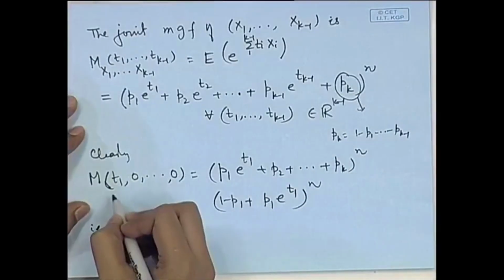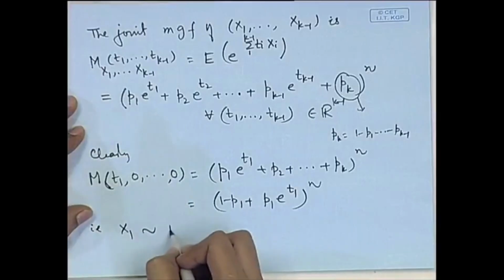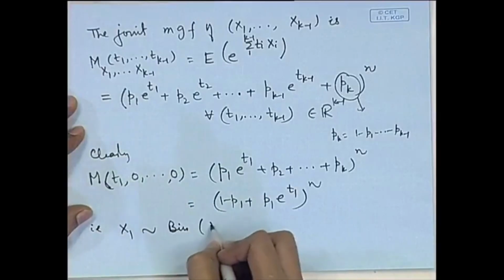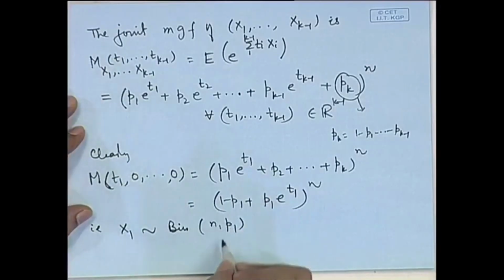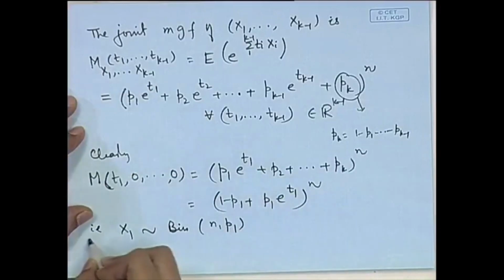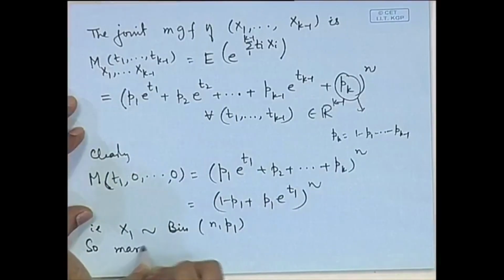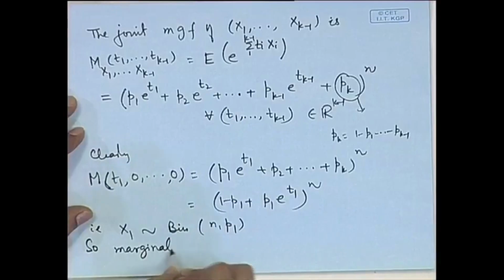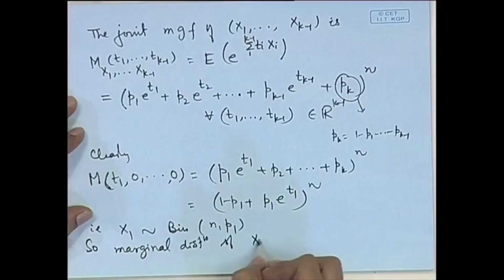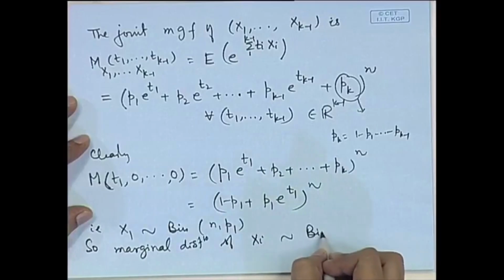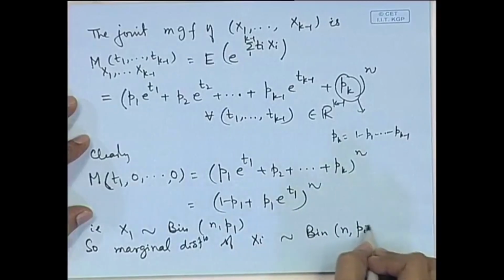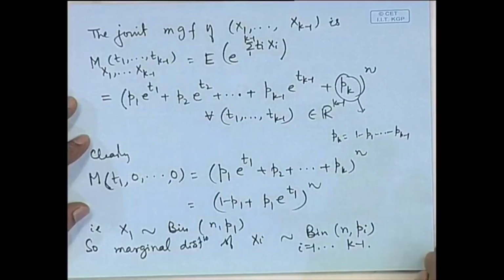That is, X1 follows binomial(n, p1). That means the marginal distributions of X_i's are binomial(n, p_i) for i equal to 1 to k minus 1.